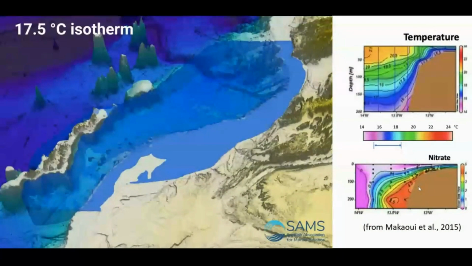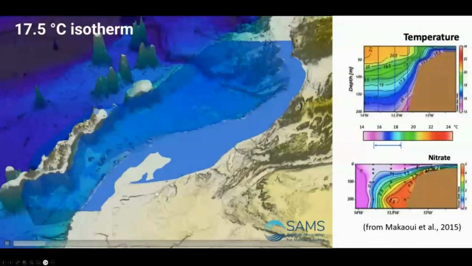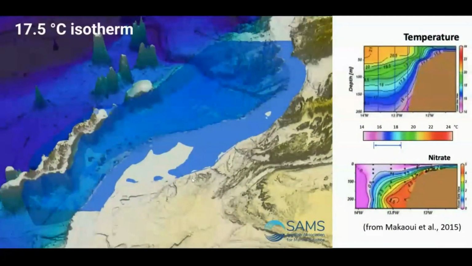So from our model, if we can predict the temperature distribution, we can use that as a proxy for the nutrient content. This is showing the 17.5 degree isotherm and how it affects the Moroccan coastline, and we can correlate this with the nutrient content. Our site is approximately down here, so we want to predict where this isotherm is touching the coastline and covers our seawater intake.